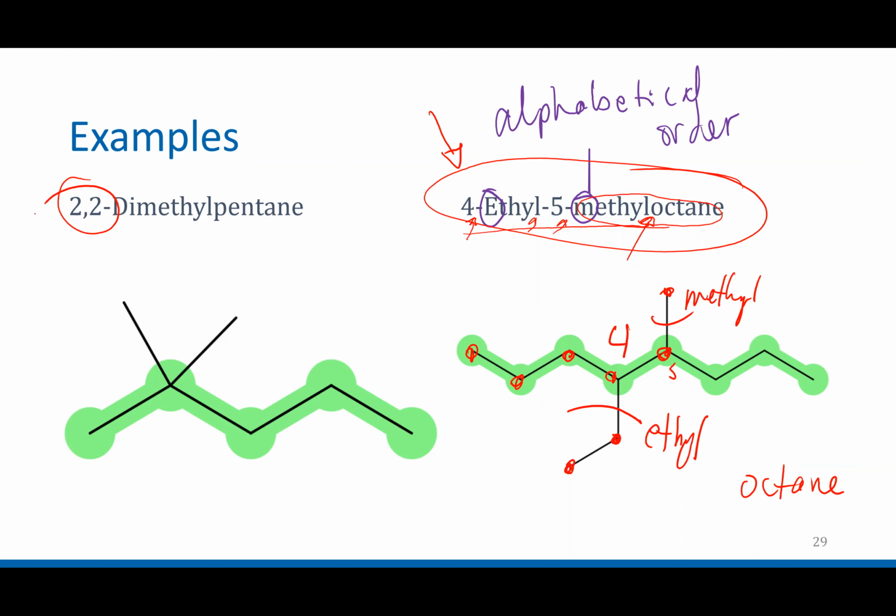But if you have the same functional groups, you need to use a prefix. If you have your notes or a piece of paper in front of you, you might want to write down a couple of prefixes. You only need to really know 3. Well, I guess you could get away with 2.